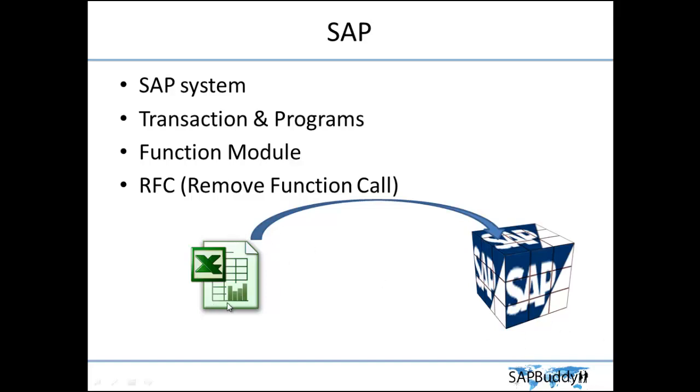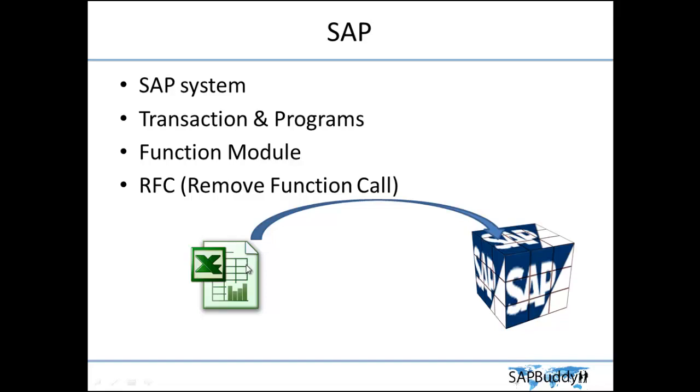In our scenario we have Excel and SAP. Using the remote function call in the SAP system, you can call from Excel the remote function call of the SAP system and execute a specific function module to extract data or do some specific task.